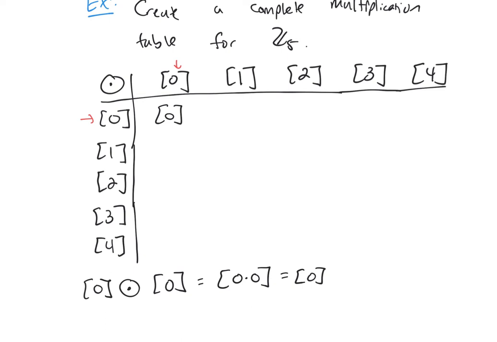So if I take 1, I'm going to take the equivalence class 1 times 0, you're going to get 0. 2 times 0, you get 0. 3 times 0 is 0. 4 times 0, gives you 0.